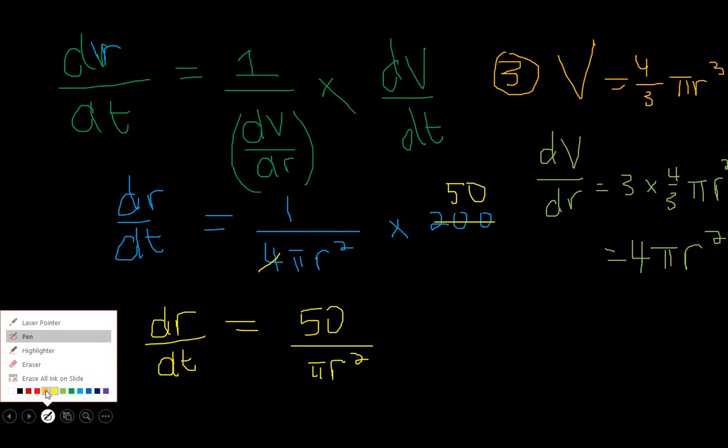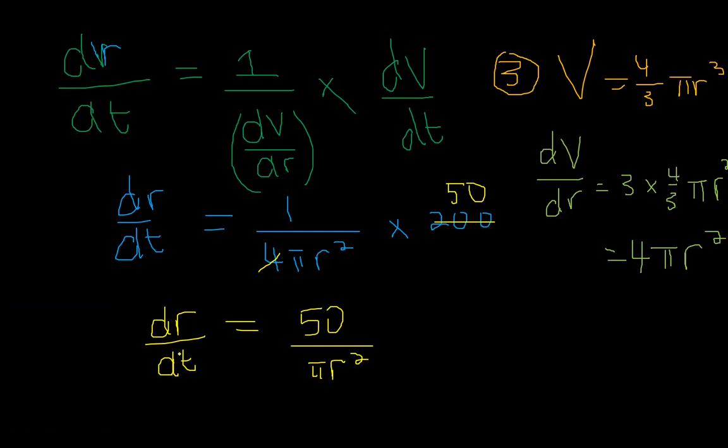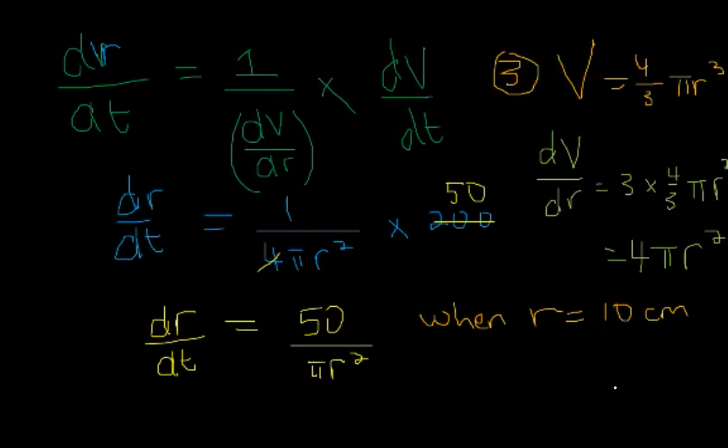Because they asked us for the value of dr and dt, so the rate of increase of the radius, when r is 10 centimeters. So they want the value for this when r is 10 centimeters. So what does that mean? Now I need to substitute this value into this expression right here to find the value of dr and dt.